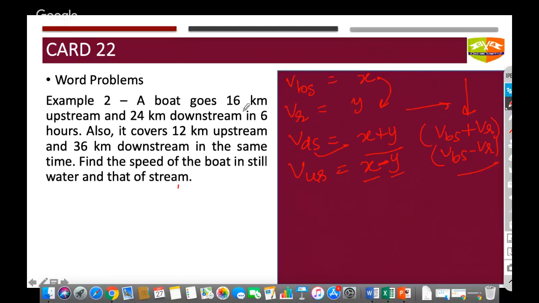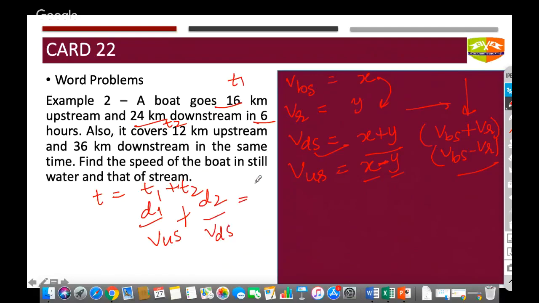Now what happens is, 16 kilometers upstream and 24 kilometers downstream in 6 hours. So the time taken here is T1 and here it is T2. So total time T is equal to T1 plus T2, and time is how much? Distance divided by speed. So for 16 kilometers upstream, I'm writing D1 divided by upstream speed, and D2 divided by downstream speed.